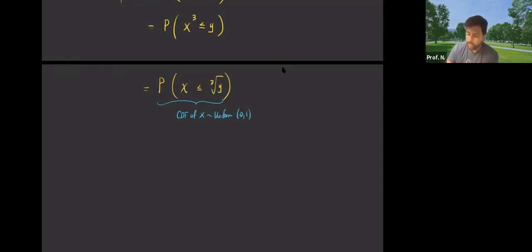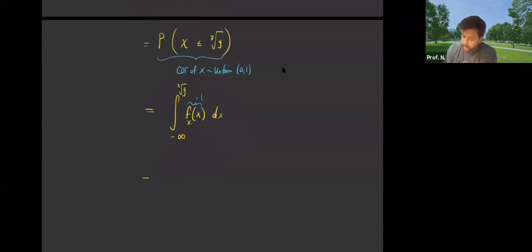If you guys remember, how do we do this? This is the integral from negative infinity to x of f of x dx. In particular, this is of the PDF of x. But what's the PDF of a random variable from 0 to 1? If you guys remember, it's just 1. That's very easy.